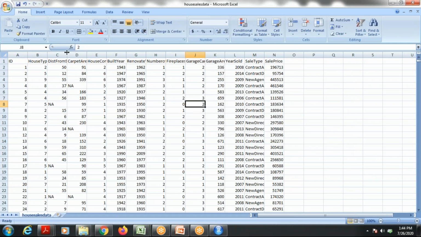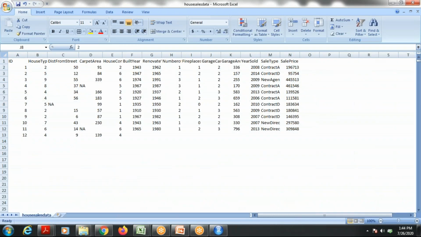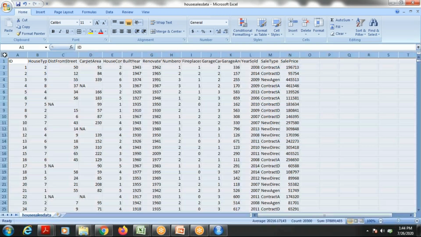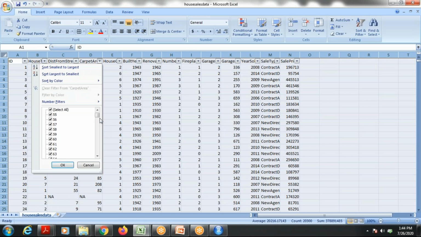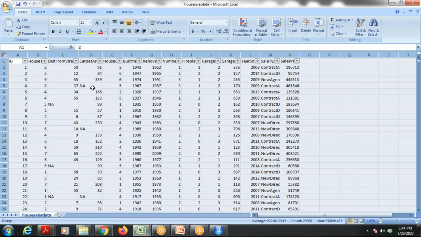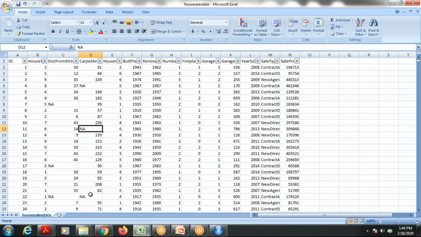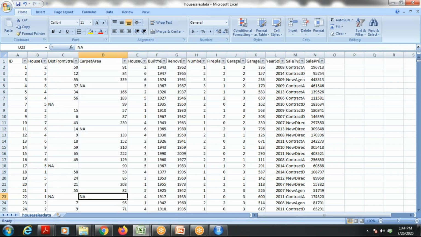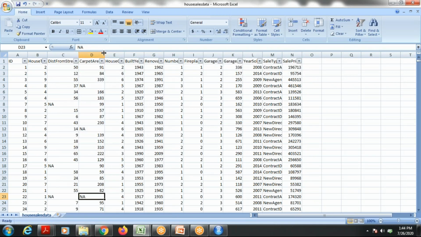Now look at the carpet area. What is happening in the carpet area here? These are given like numbers, some missing values are also here. And that may be one of the reasons that it is considering carpet area as non-numeric.